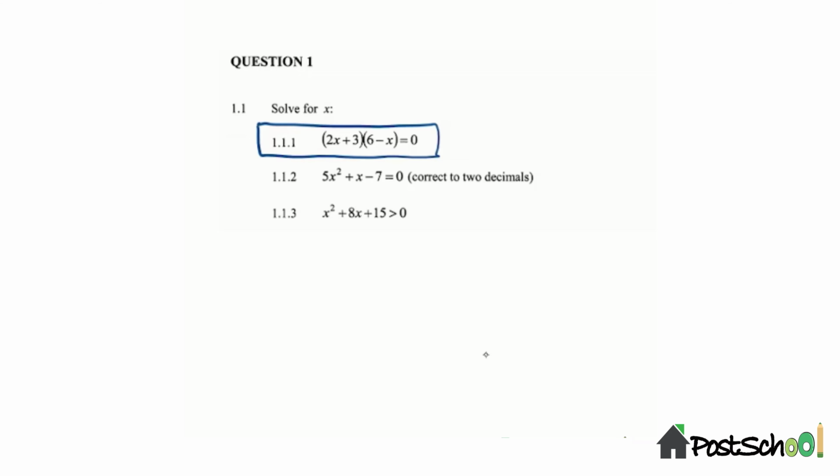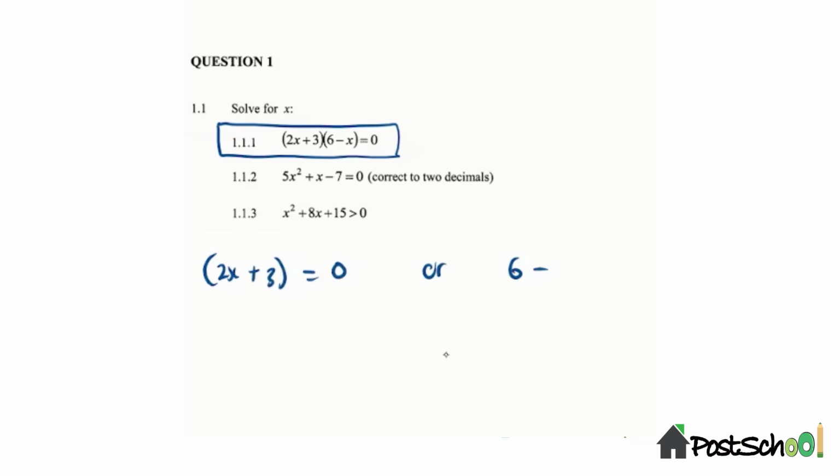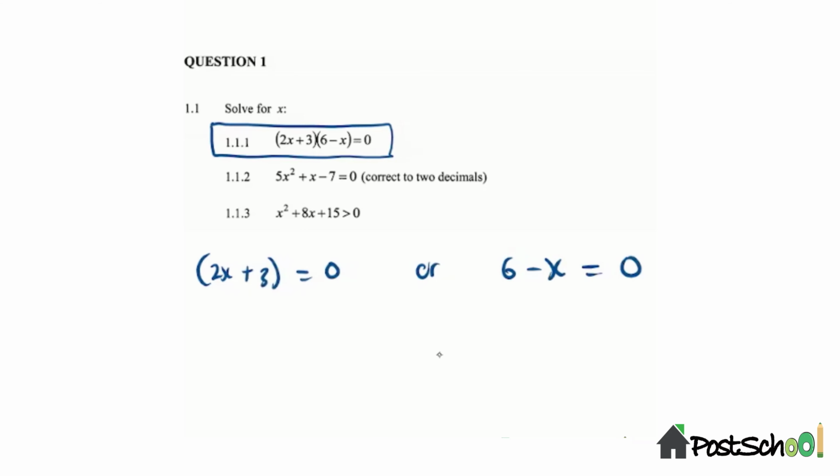But if it's already factorized like this, it's a matter of saying 2x plus 3 equals 0, or 6 minus x equals 0. That is what you must do when it's already factorized. Then you take 3 to the other side and have 2x equals negative 3.